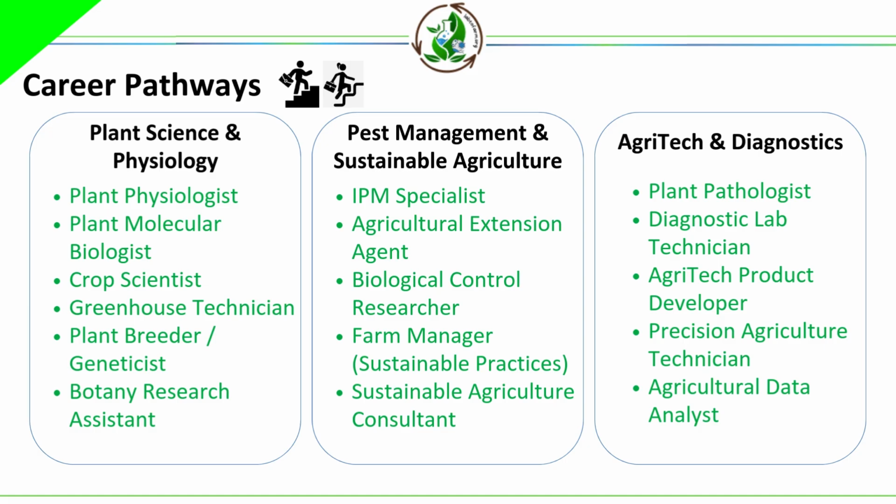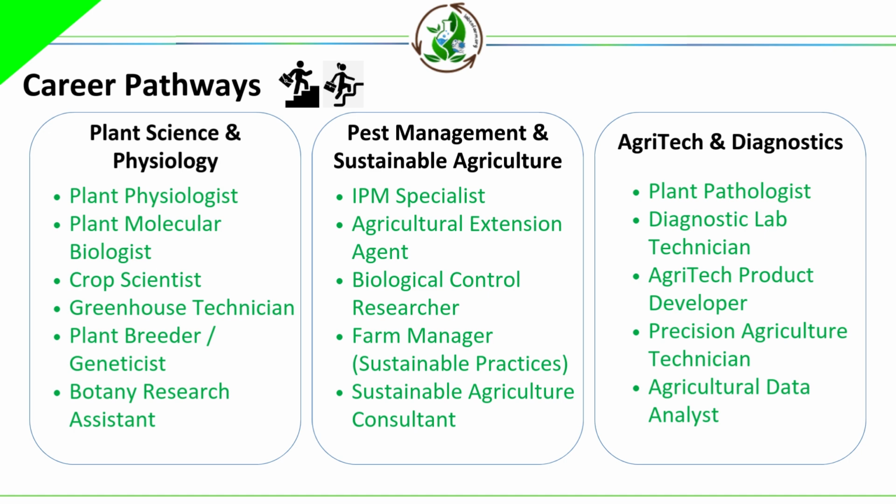Career pathways in the topics we covered in this module can be threefold. Firstly, careers in plant science include plant physiologist, molecular biologist, crop scientist, greenhouse technician, breeder, or botany research assistant. These roles focus on understanding and improving plant growth and health. Secondly, in pest management and sustainable agriculture, careers range from IPM specialist to agricultural extension agent, biological control researcher, farm manager, or sustainability consultant.